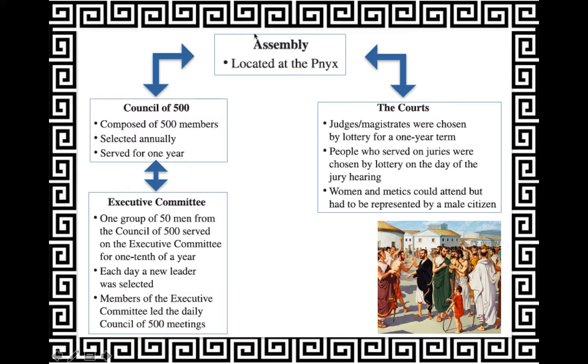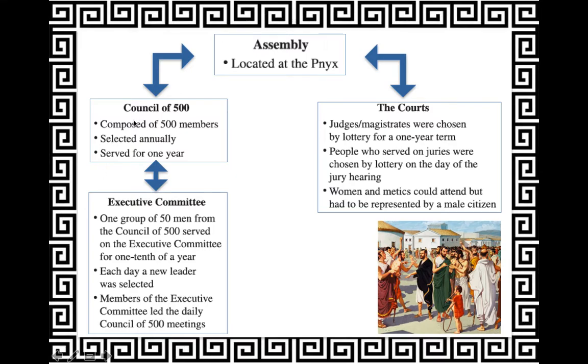They are all citizens, and so the people that cannot be part of the assembly are women, the metics, and the slaves, right?